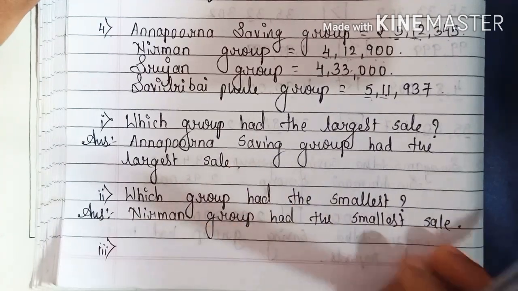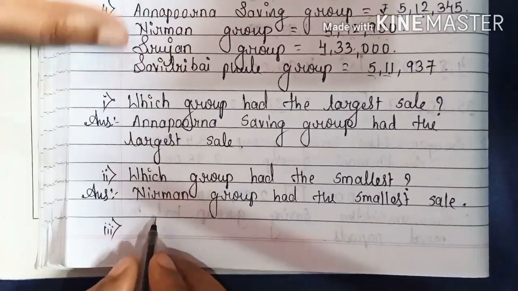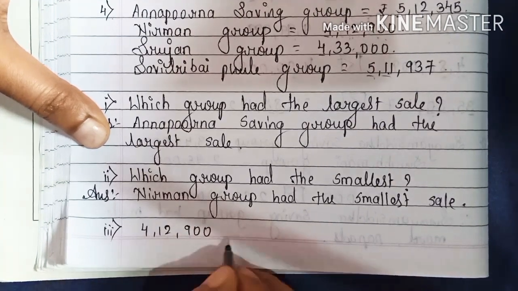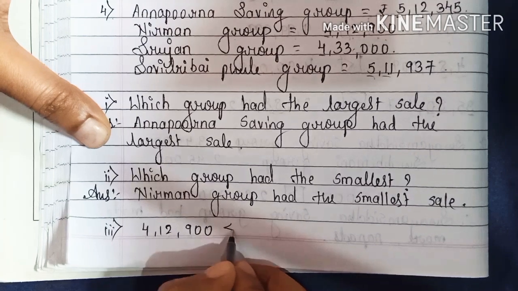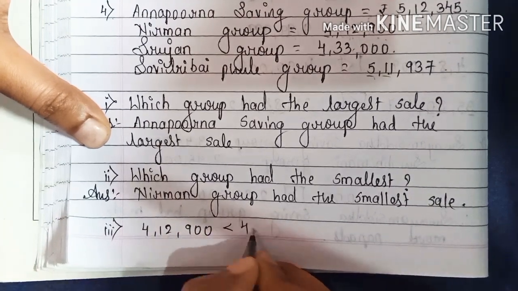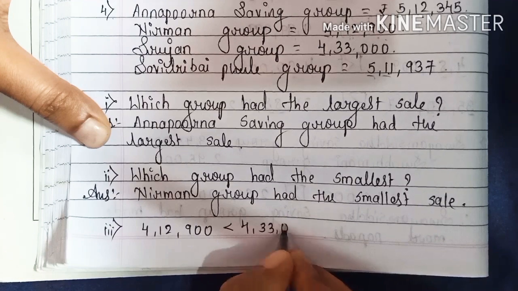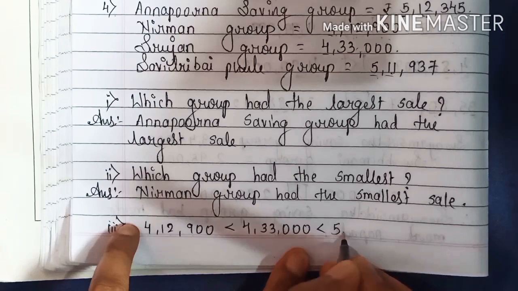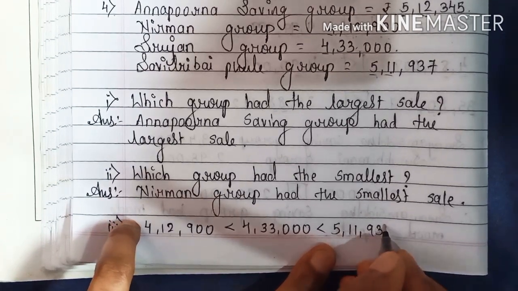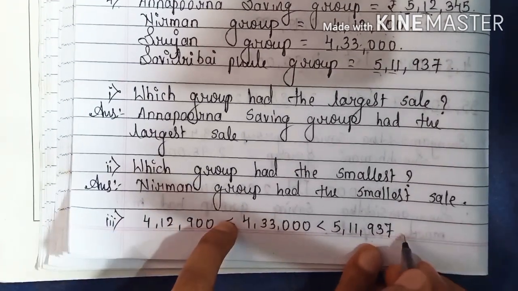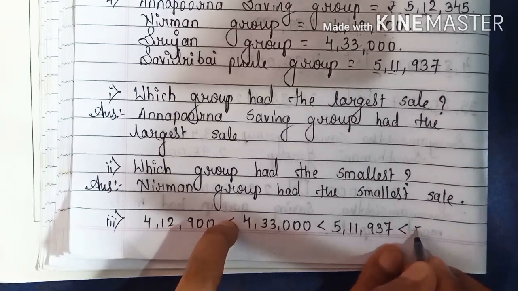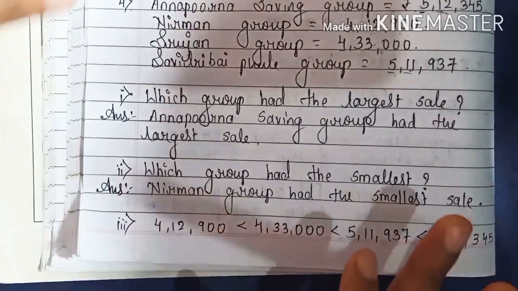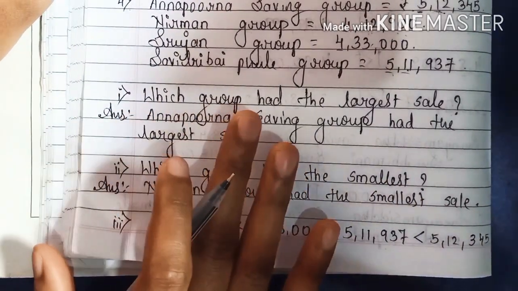First we will write the smallest number, 4,12,900, and after this the bigger number will be 4,33,000, and after this the bigger one will be 5,11,937, and after this the biggest one will be 5,12,345. So in this way you have to solve all the questions in your notebook.